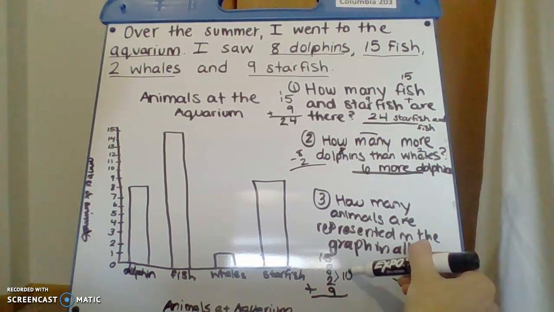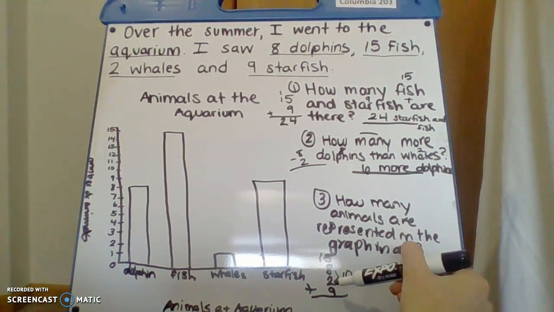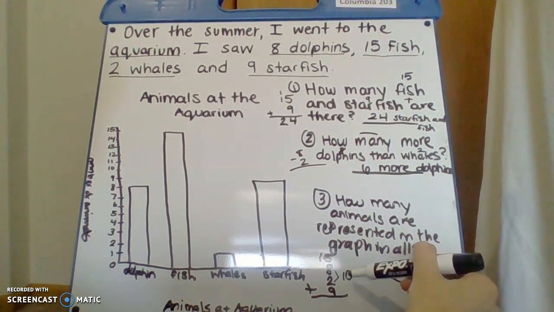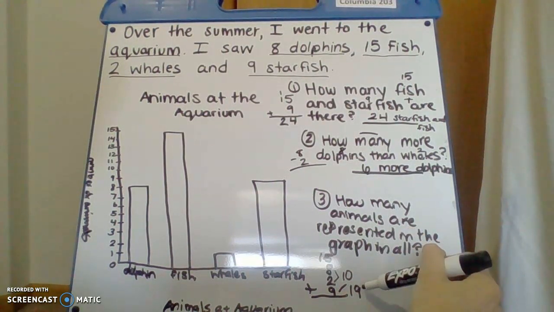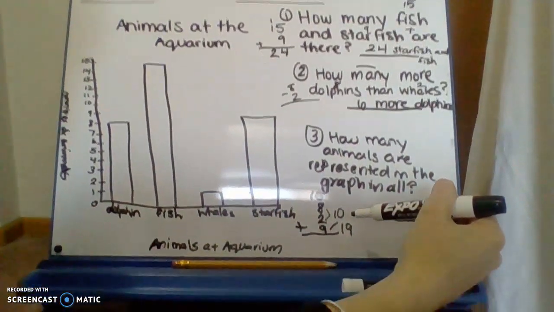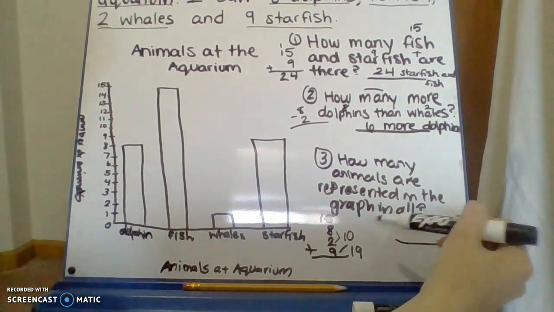So that's 10. And then do 10 plus 9, which is going to give you 19. And 19 plus 15. Just trying to show you some ideas that you can do on the side to help you add.